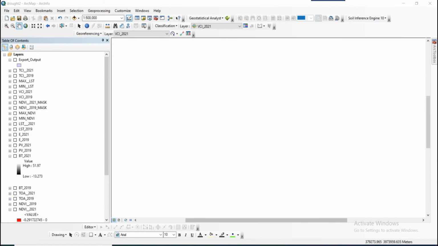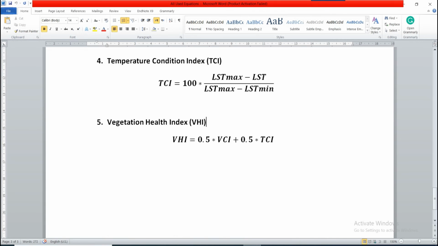The final index is calculating the vegetation health index, or VHI, and it's very simple depending on the VCI and TCI, and those values are constant. So we have 0.5 multiplied by VCI.